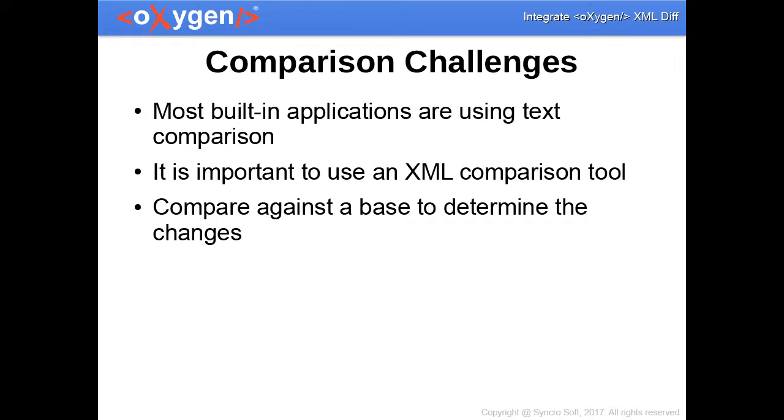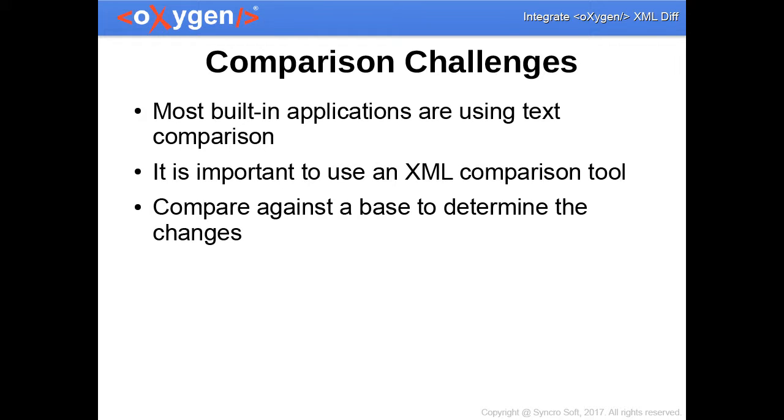It's better because you'll see the exact changes. You can do the merging without breaking the document, and also because you can add some ignoring options, maybe for some IDs or some generated content in your documents that you don't want to see when you are merging the documents.